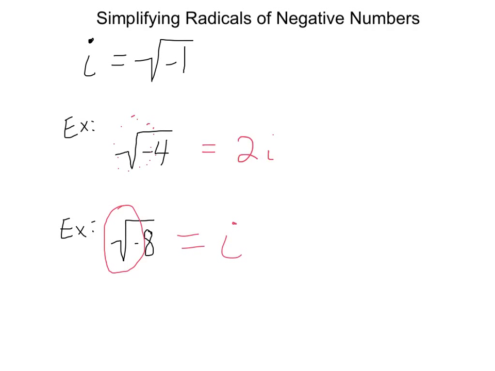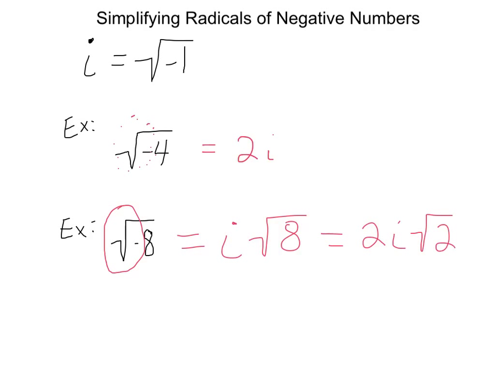Everything else will just stay under the radical, and you'll just have to simplify normally. So this is where we're at. After that, just do your normal factor tree, and you should get 2i root 2.